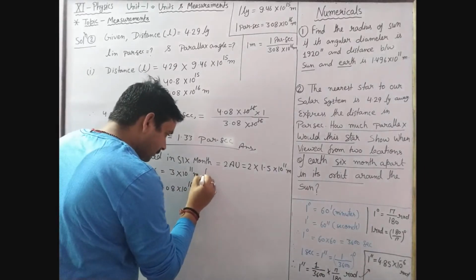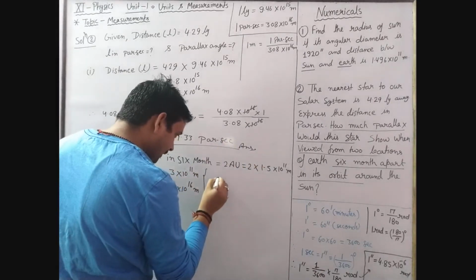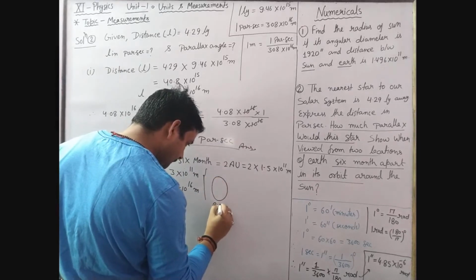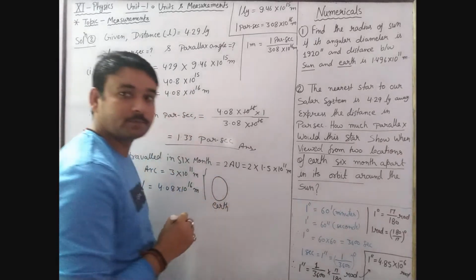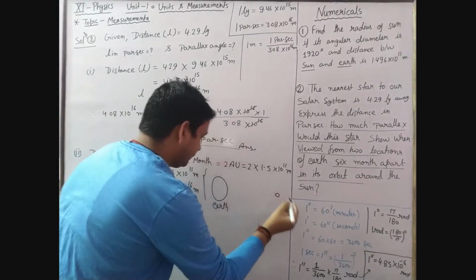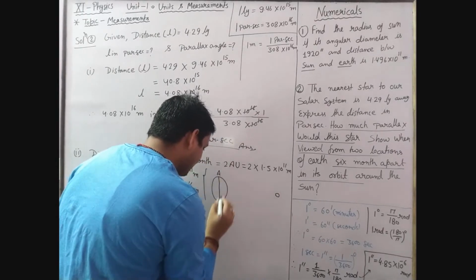Just I will show you the demonstration of the situation. Suppose this is our Earth, and there is a far star. These are the two locations on Earth.